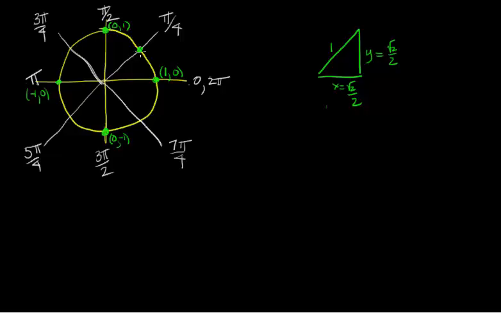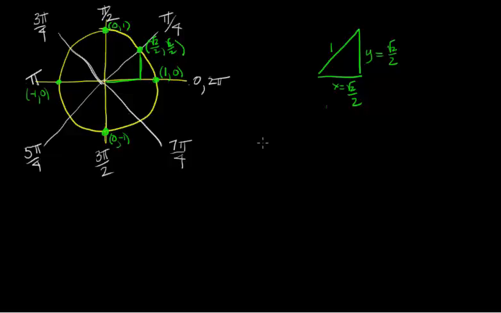If you drop a perpendicular down to the x-axis, that gives you the y-coordinate and the x-coordinate, it's a 45-45. So the coordinates of this point are square root of 2 over 2, square root of 2 over 2. And all of these give you 45-45s.